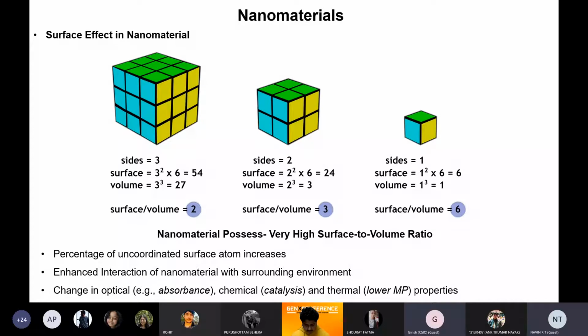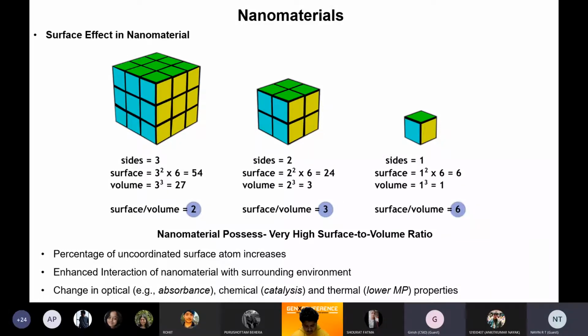Because of this very high surface to volume ratio in nanomaterials, their properties completely change compared to their bulk counterpart. They have enhanced interaction with their surrounding medium. Therefore, if any material is optically active, it will have a large absorbance when we go down to the nanometer scale. We can easily recall the example of gold here.